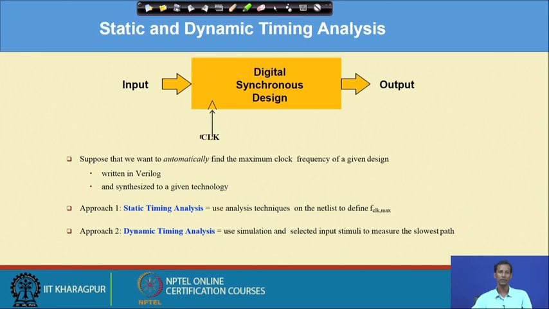What is a synchronous circuit? Synchronous circuit means in the system there will be one single clock. All the sequential elements present in that particular design will be clocked by the same clock, and depending on that clock, they change their state. But in case of asynchronous, you might find more than one clock.